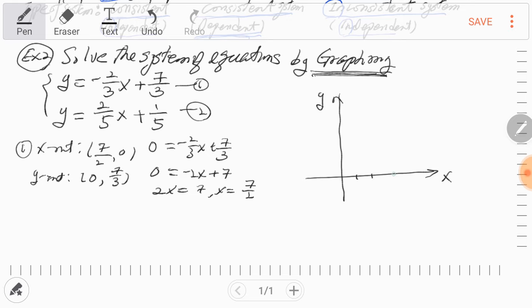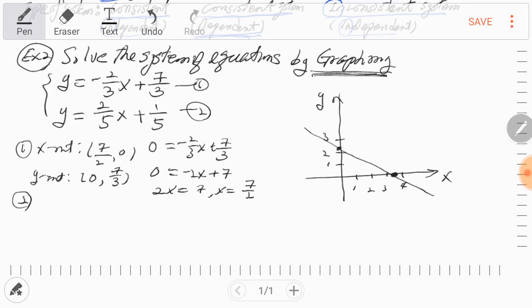So 3.5 is the x-intercept. The y-intercept is at x equals 0, then y is 7 over 3, which is 2 and 1/3. So we can graph it. Let's connect these 2 points. So here is one straight line. This is the graph of the first equation.